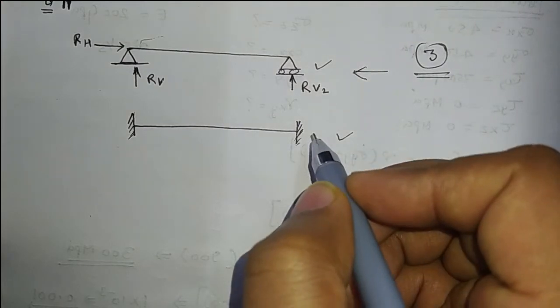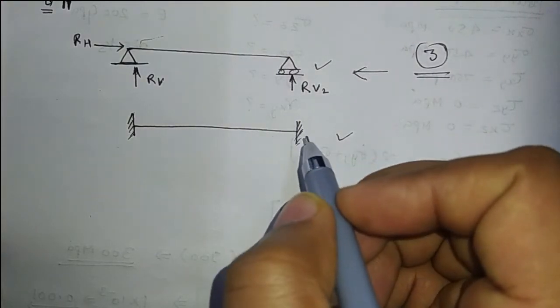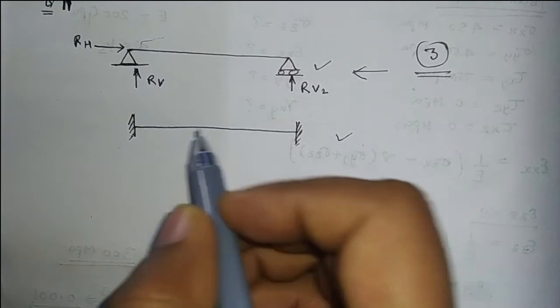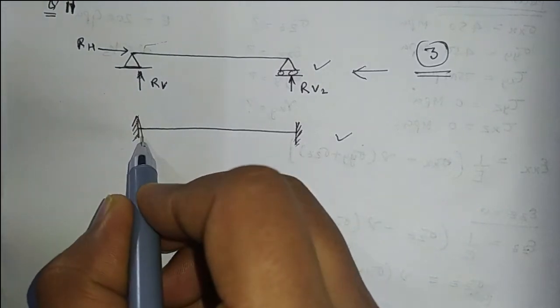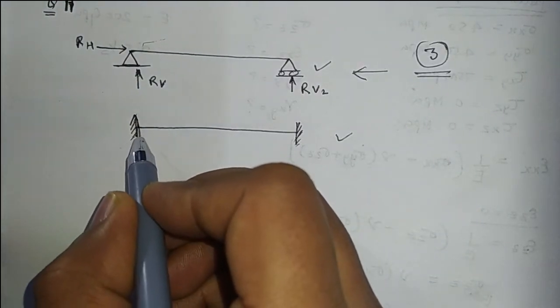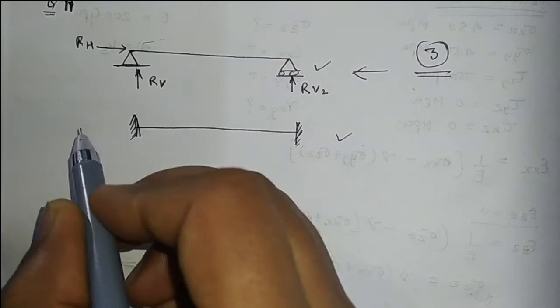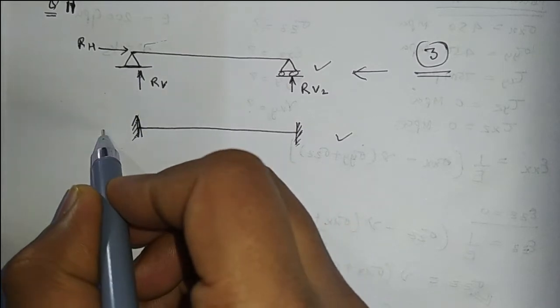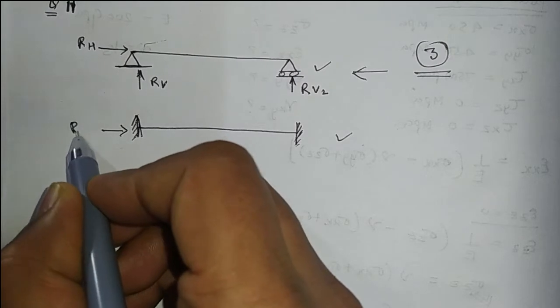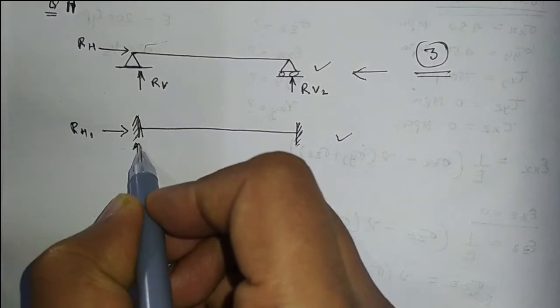But in the case of the fixed beam, the fixed end does not allow the beam to move in the vertical direction as well as in the horizontal direction. So there will be a horizontal reaction and a vertical reaction.